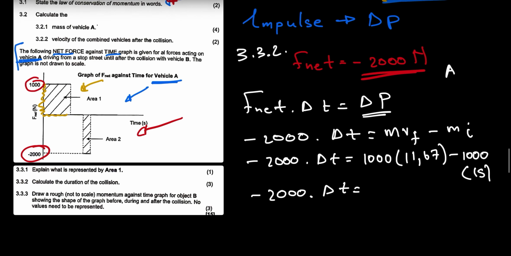If we add this together, we get 1000, I'm just going to put it in brackets, times 11.67 minus 15, and that gives us negative 3,330. Then we divide both sides by negative 2,000.